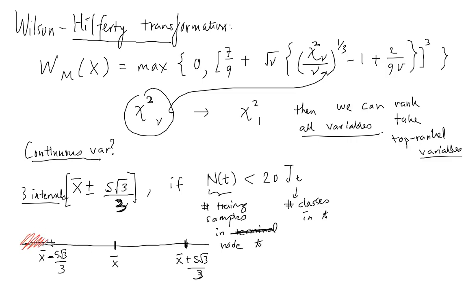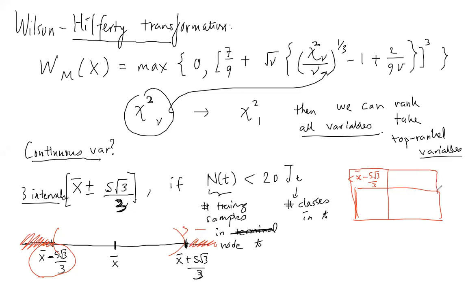So there will be 3 intervals. Anything that is less than this value, one interval. Anything that is more than this value, one interval, and whatever is in between, one interval. So you have below x bar minus s square root 3 over 3, one interval, and x bar plus s square root of 3 over 3, more than that.